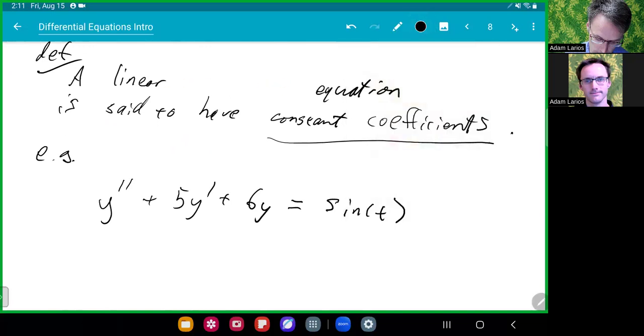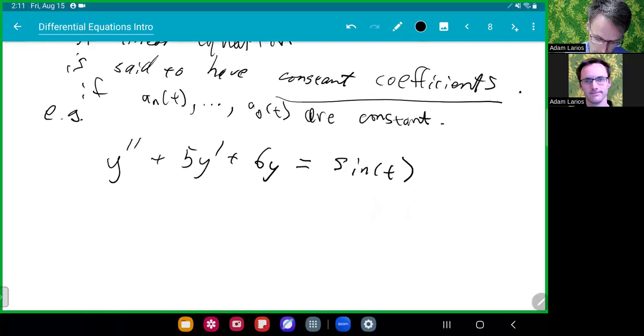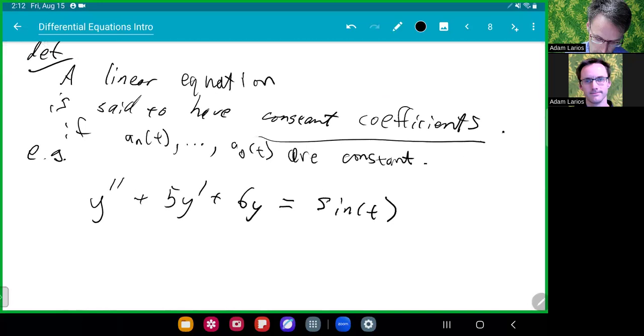A linear equation is said to have constant coefficients if a_n(t) through all the way up through a_0(t) are constant. Excuse me. I was trying to save some space there and said something that's incorrect.